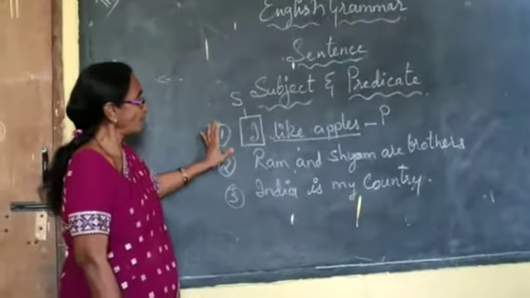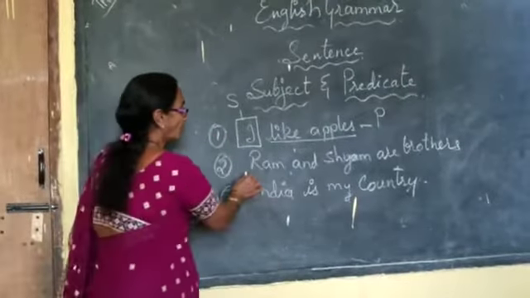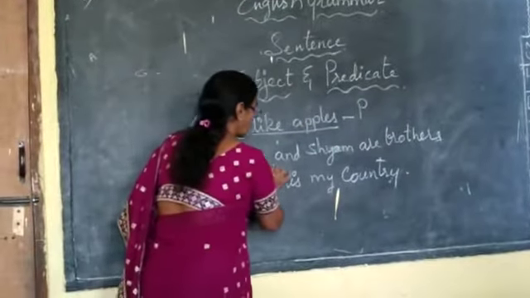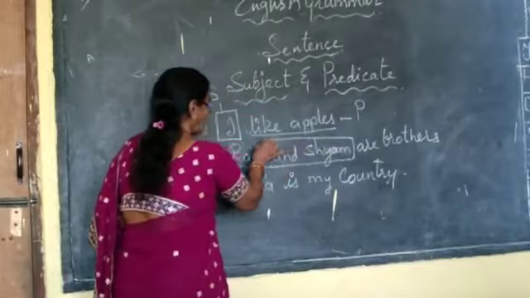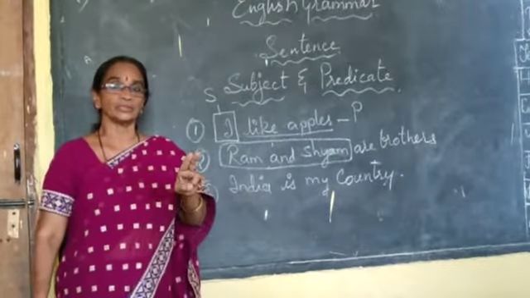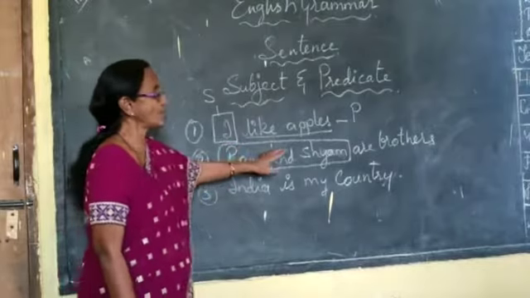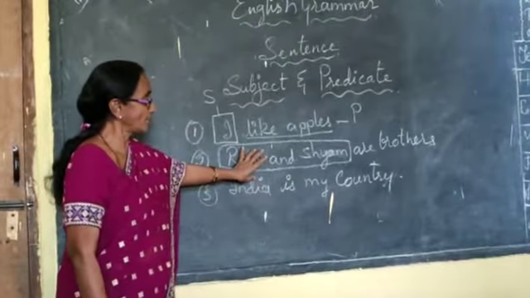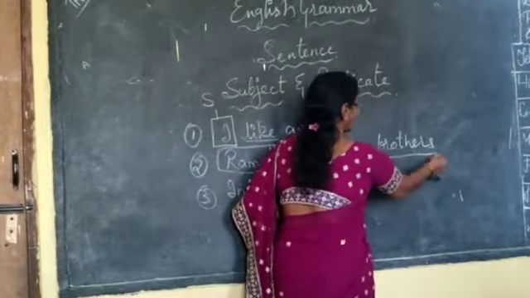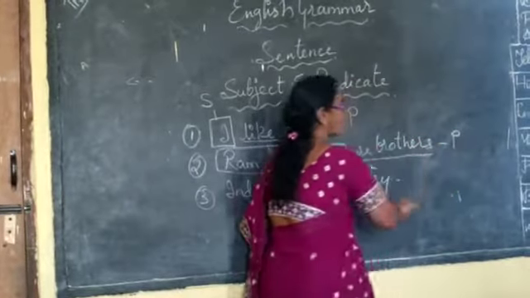In the same way, the second sentence, Ram and Sham are brothers. In this, Ram and Sham, because we are talking about 2 persons, this part of the sentence is subject and this part of the sentence is predicate.